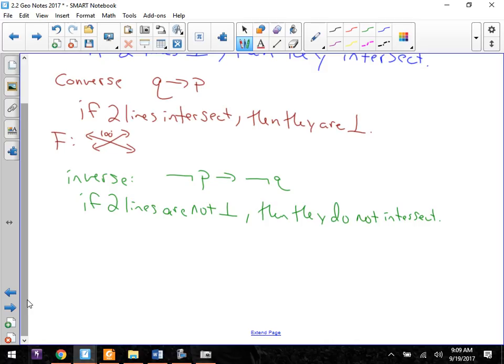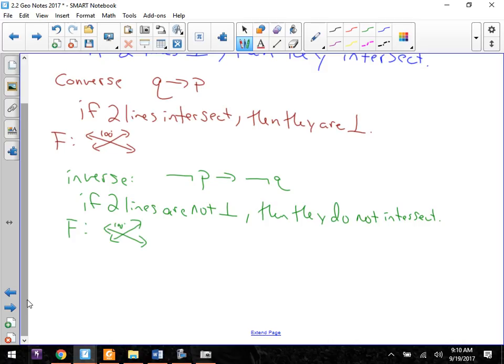So what's another counterexample for that? You're right, it's false, but what's your counterexample? You can draw the same thing. Exactly. In this case, you can draw the exact same diagram by saying that's 100 degrees. That's a perfectly fine counterexample, because what you're saying is if two lines are not perpendicular, they don't intersect.